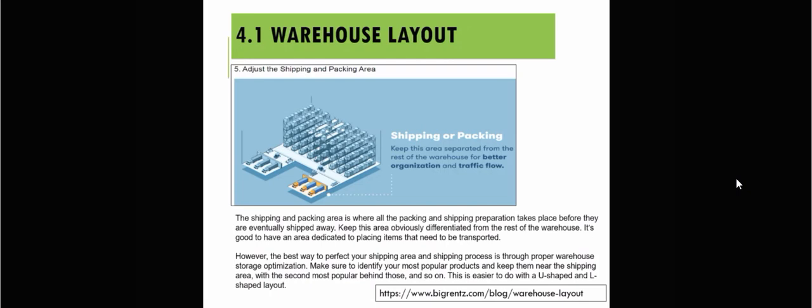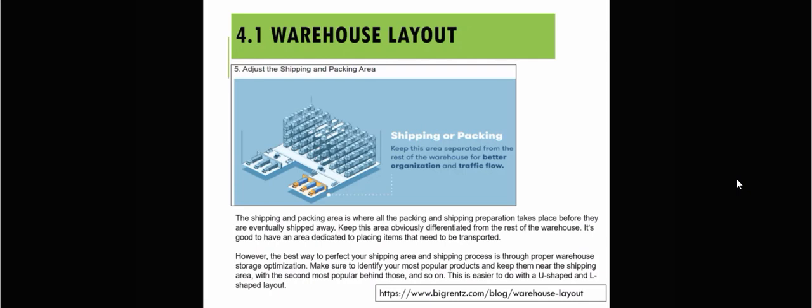However, the best way to perfect your shipping area and shipping process is through proper warehouse storage optimization. Walau bagaimanapun, cara yang paling baik untuk kawasan kita nak tempatkan barang-barang yang kita nak hantar dan kawasan yang kita nak uruskan barang-barang yang kita nak hantar ni adalah menerusi penggunaan kawasan penyimpanan warehouse yang paling optimum.